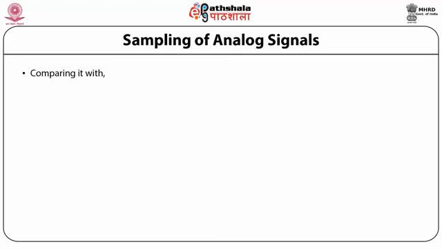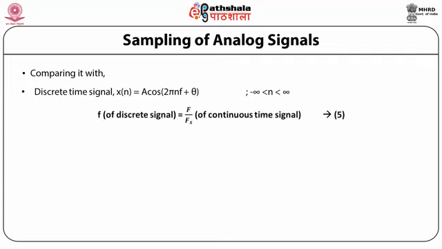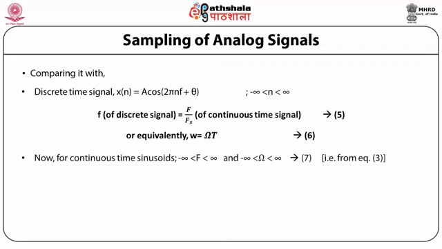So comparing it with the discrete time signal x(n) equal to A cos(2 pi n f plus theta), where n is varying from minus infinity to infinity, and f, which is for the discrete signal, equal to capital F by capital Fs of the continuous time signal, or equivalently omega equal to capital omega multiplied by T. Now for continuous time sinusoids, capital F is varying from minus infinity to infinity, and omega is also varying from minus infinity to infinity.